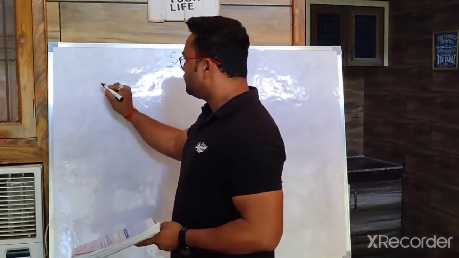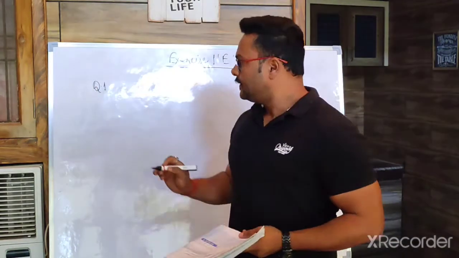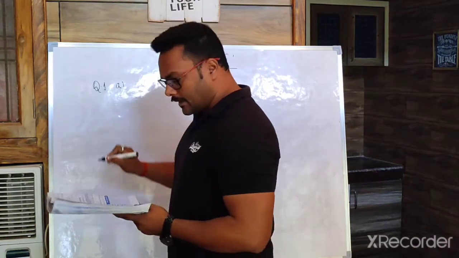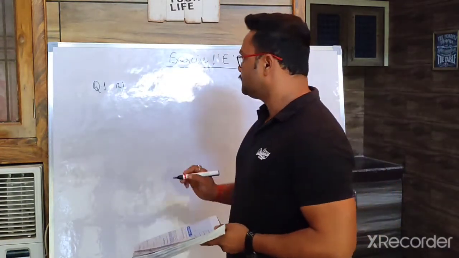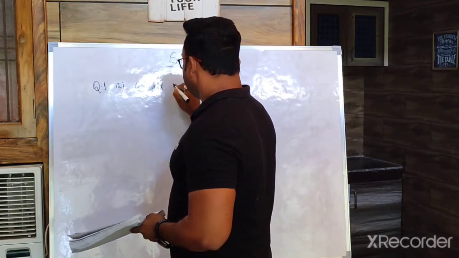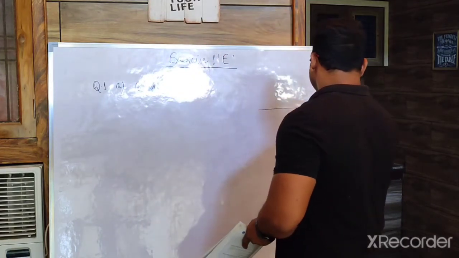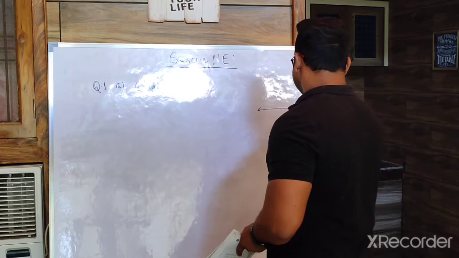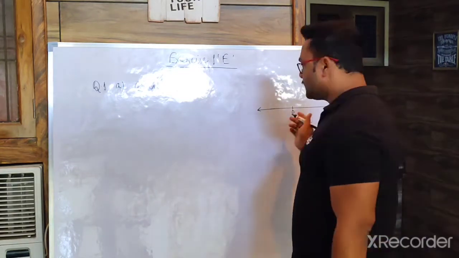So question number 1. A. You have to find one rational number between 6 and 8. I will give you an example of a number line. It is 0, suppose 1, 2. So many numbers are there.